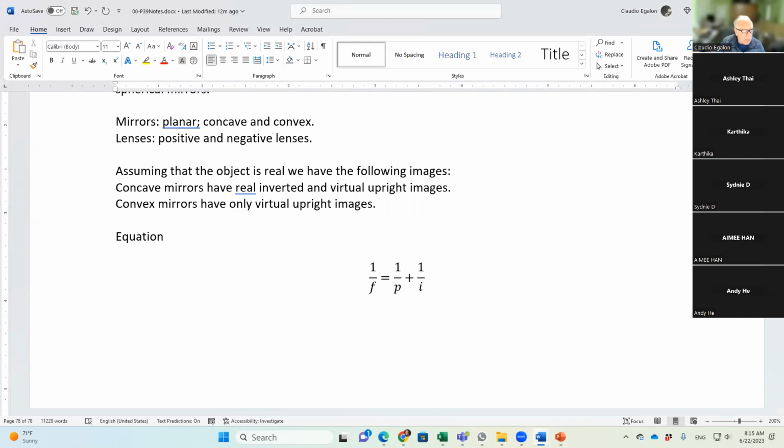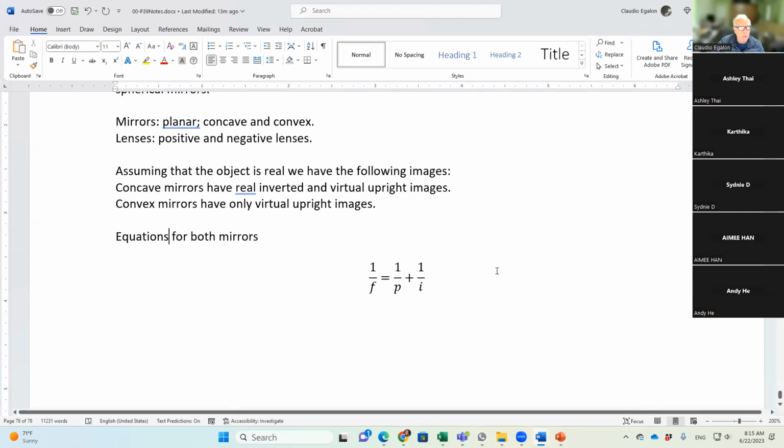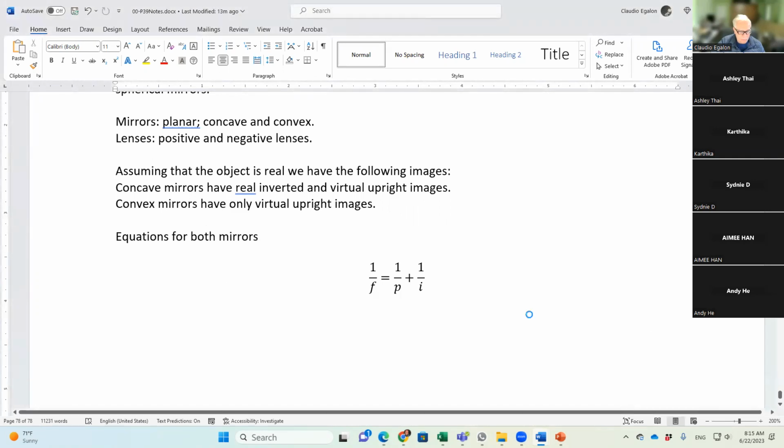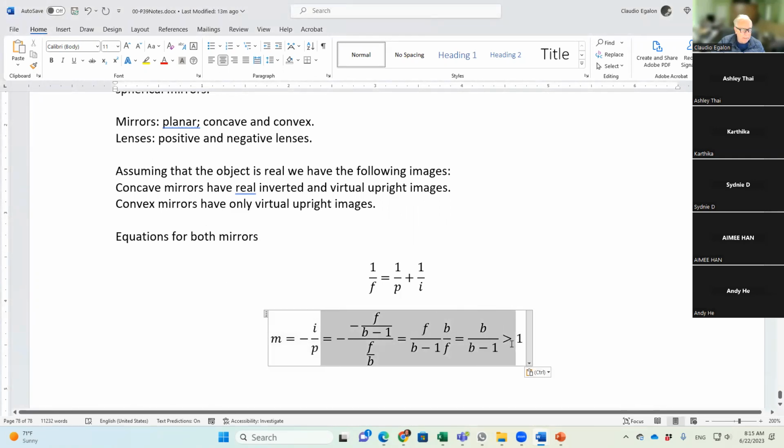Equations for both mirrors. And we have that other equation too, that we looked at, that's the magnification equation.